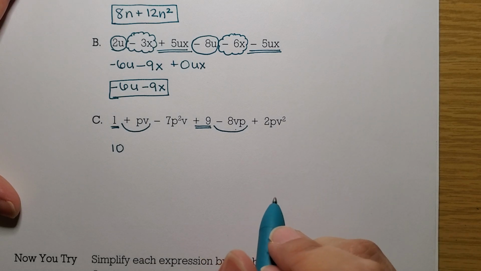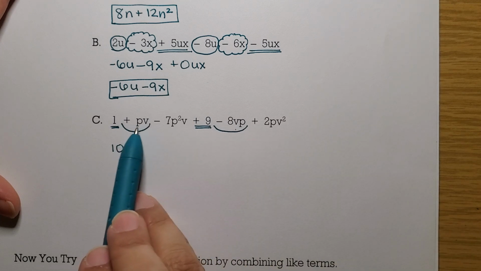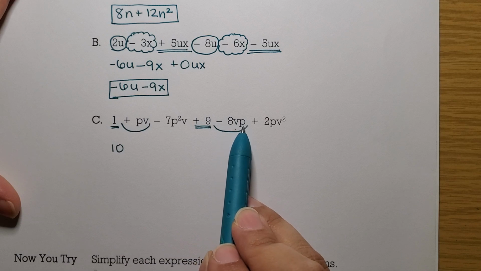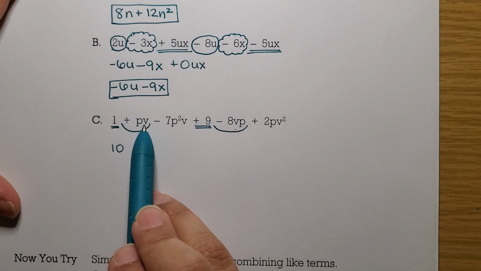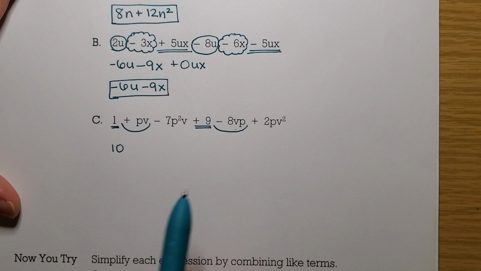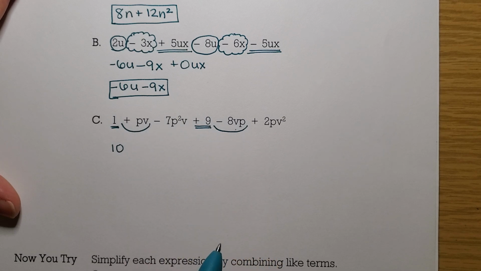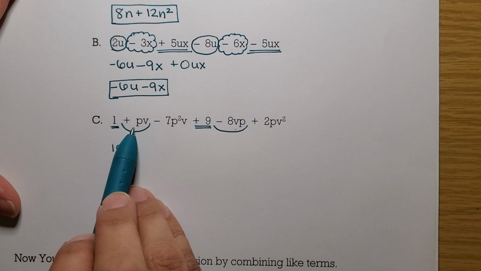So as a reminder, with like terms, the order of the variables can be different. We have a pv and a vp, but p to the first, p to the first, v to the first, v to the first. So we are okay here. These two are like terms. The other thing I'm noticing is that there's nothing written in front of the p.